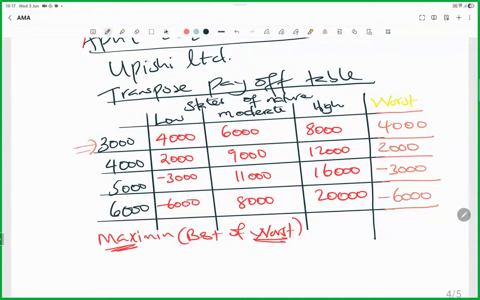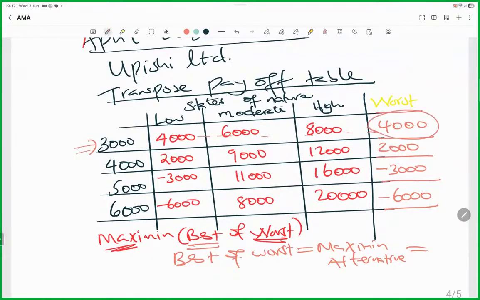Now, having chosen the very worst, which one is the best of the worst? So best of worst, which represents the maximin alternative, is what there? It's 4,000.